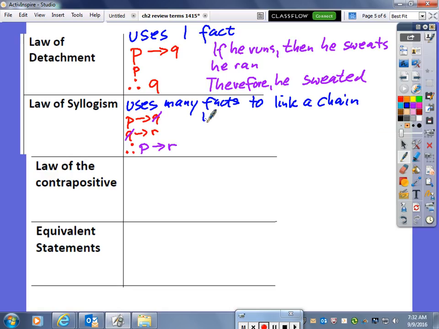If he runs, then he sweats. If he sweats, then he showers, which is a good idea, by the way, right?